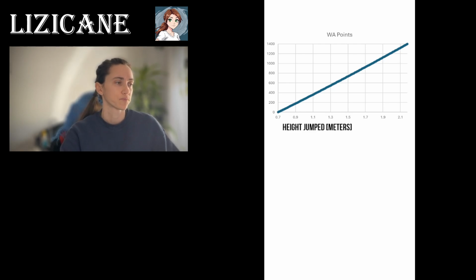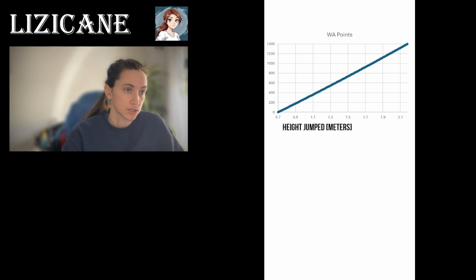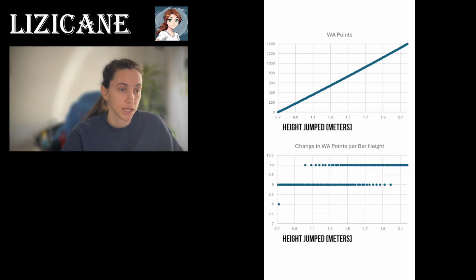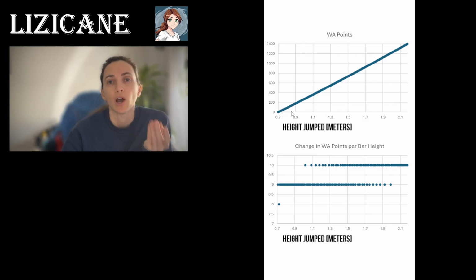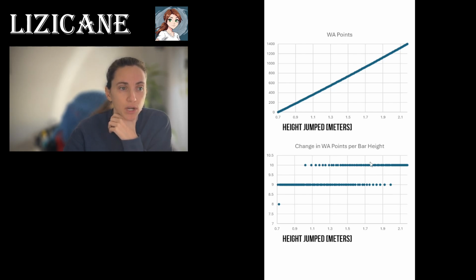And I know, Liz, you've been looking at this a little too long, you're going a little crazy, but in pulling the data apart, over here at the lower end, as you go 1 centimeter up, you're likely only going to have 9 points added to your mark. And over here, whenever you're jumping higher at the 1.9 range, you're more likely to have 10 points added to your mark.